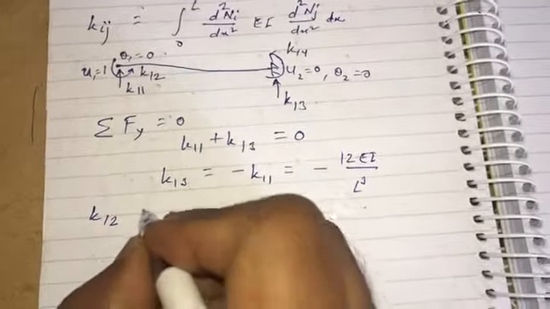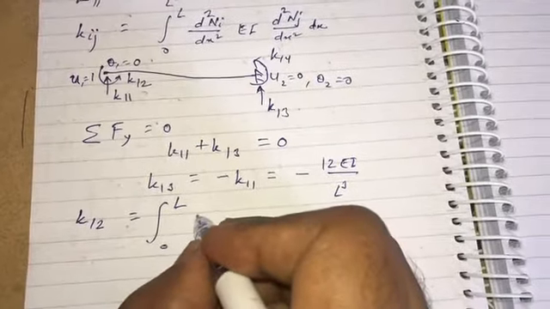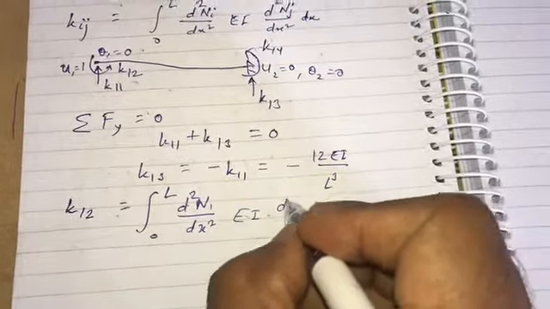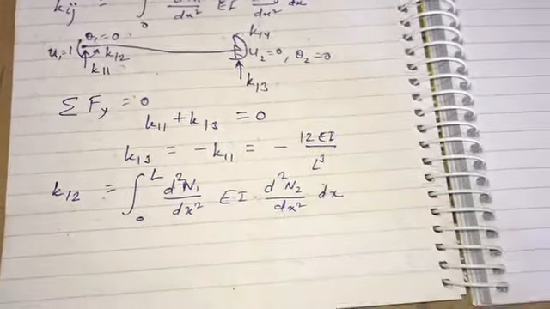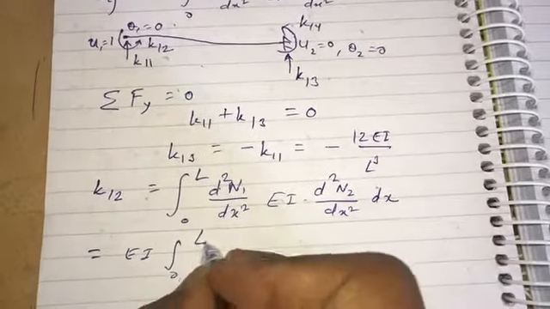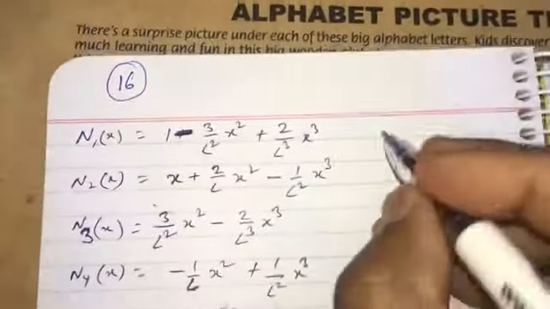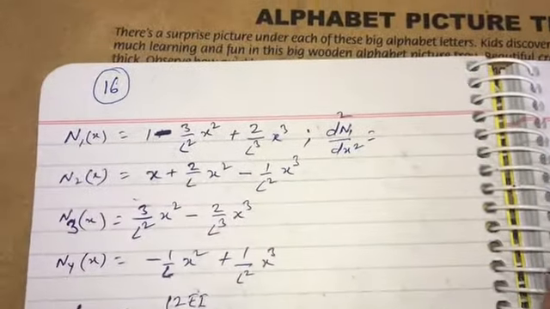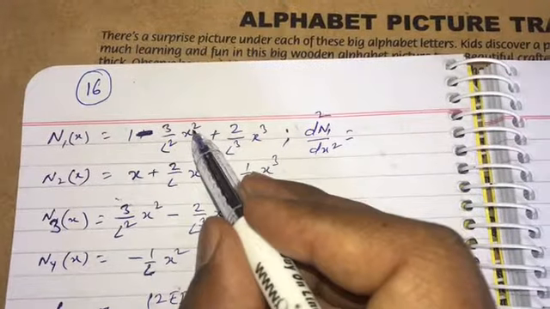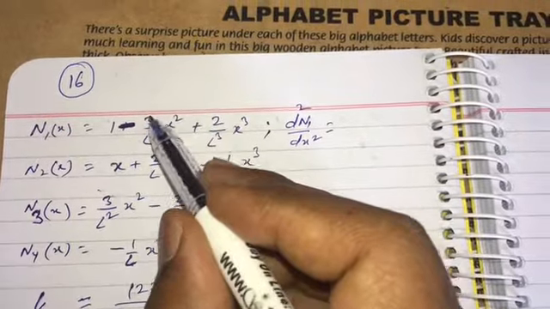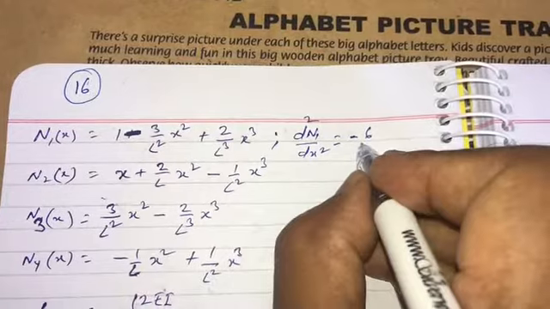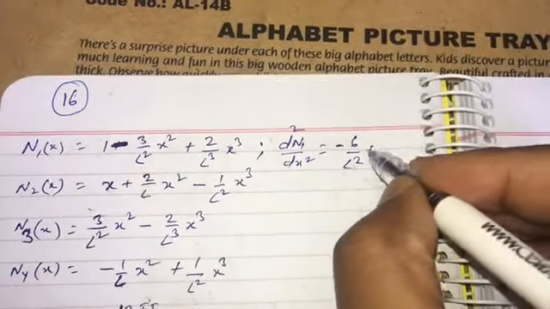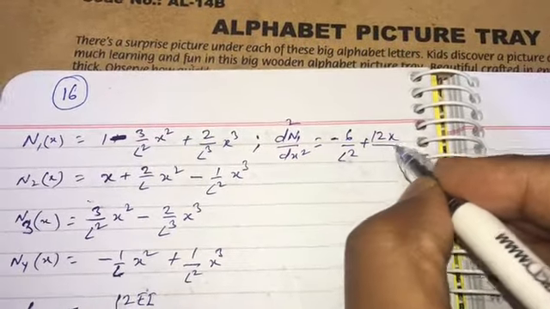K12 will be equal to the integral from 0 to L of d square N1 dx square, EI, d square N2 dx square, dx. So equal to EI, integral from 0 to L. We can write down d square N1 dx square by integrating twice, so this becomes minus 6 over L square plus 12x over L cube.